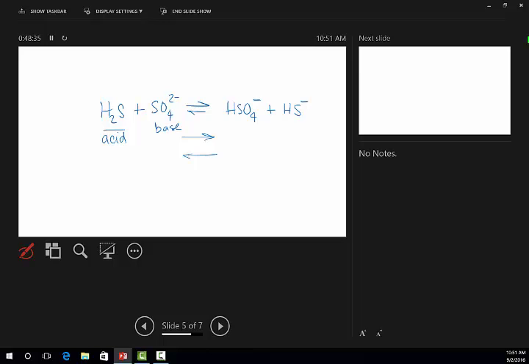Now let's think about right to left. If I'm going from HSO4- to SO4 2-, this did what? That donated a proton to HS-, so this one becomes the acid and that one becomes the base if I'm looking at the reaction from the right to the left.